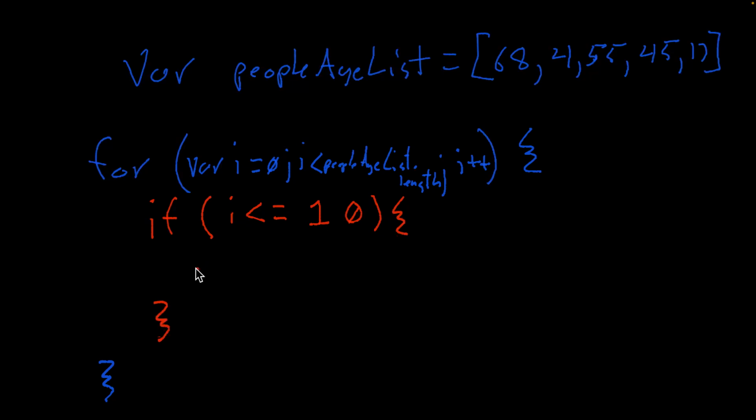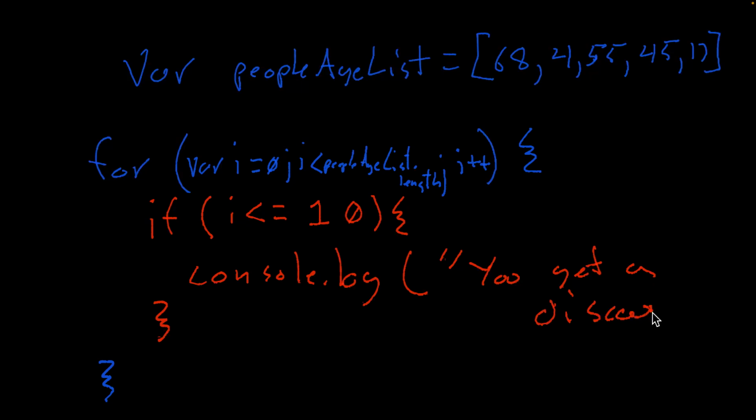Then we print, you get a discount. So we say console log. Wouldn't it be if people age list at index I is less than or equal to 10?